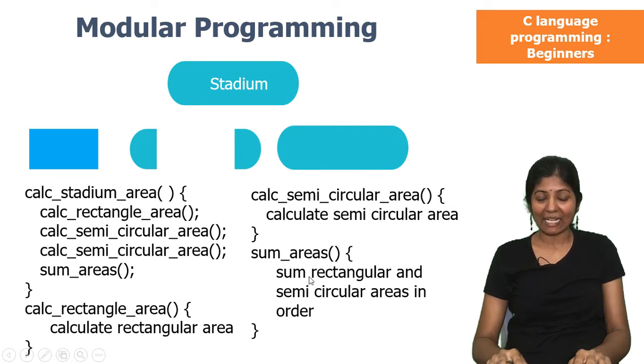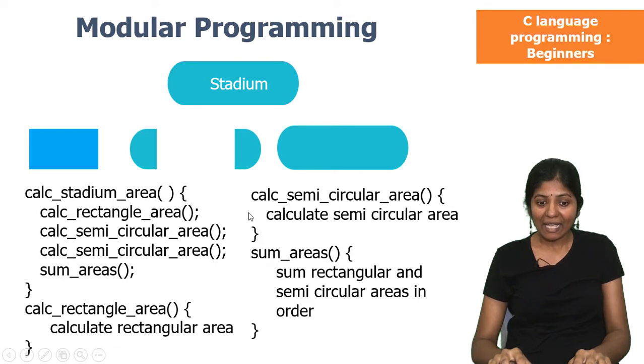All these 3 functions are combined into the main function to get the stadium area, which is calculating stadium area. Do you observe here? I am using these functions in this function. First we are using this calculating rectangular area function.